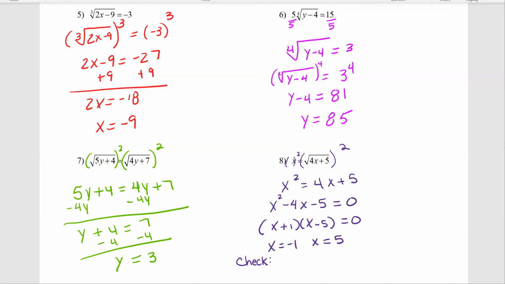First, let's check x is equal to negative 1. So is negative 1 going to equal the square root of 4 times negative 1 plus 5? And again, the square root is going to be a positive. So this is not going to be true. So x equals negative 1 is an extraneous solution.